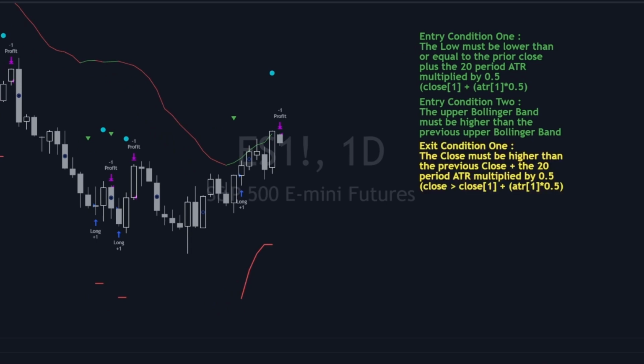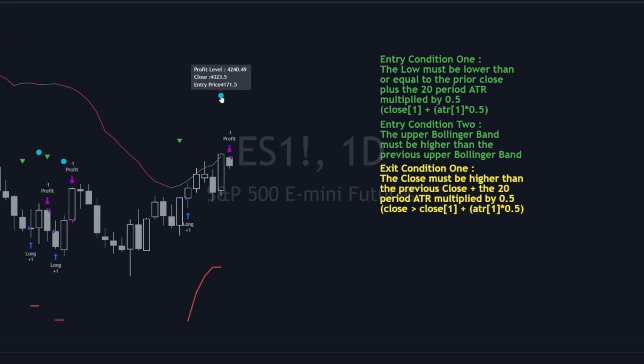The first exit condition is the close must be higher than the previous close plus the 20 period ATR multiplied by 0.5. Now once again the code's provided us this blue dot that gives us the information we need to see that the closing conditions have been triggered. So the profit level here is 4240.50.